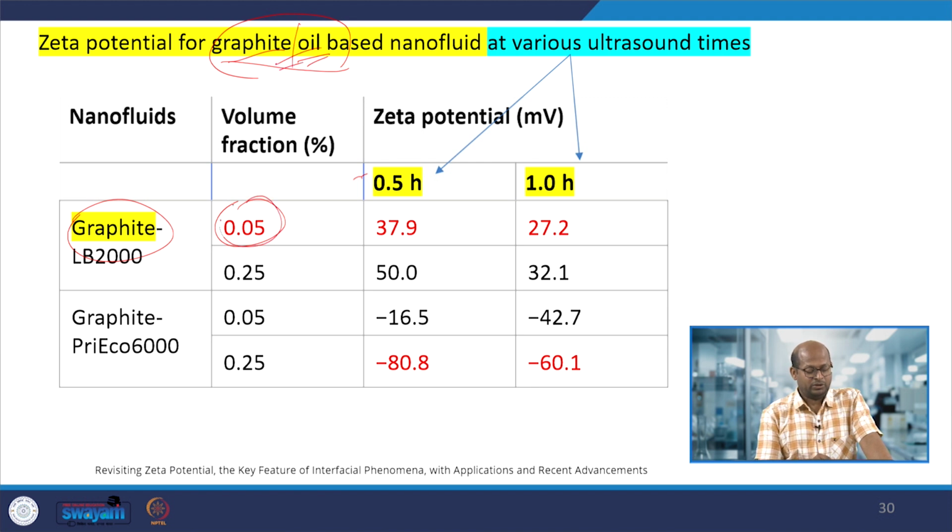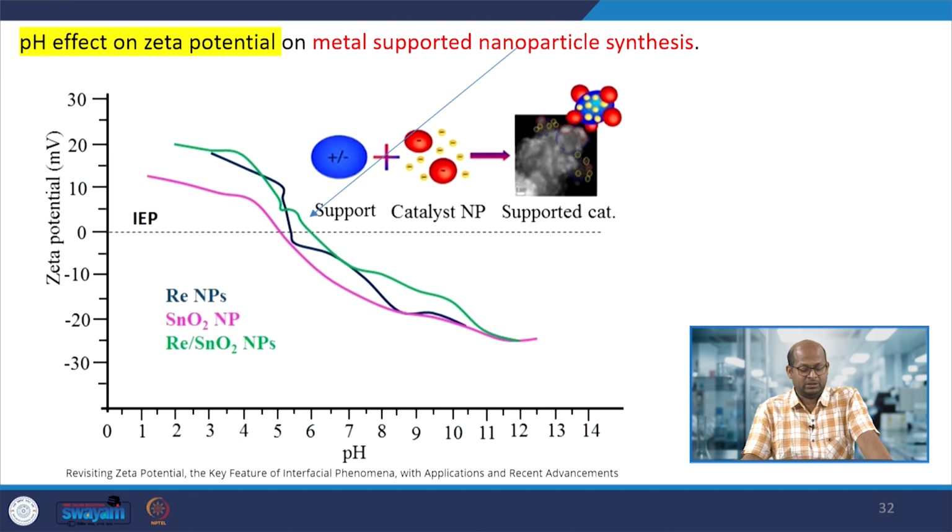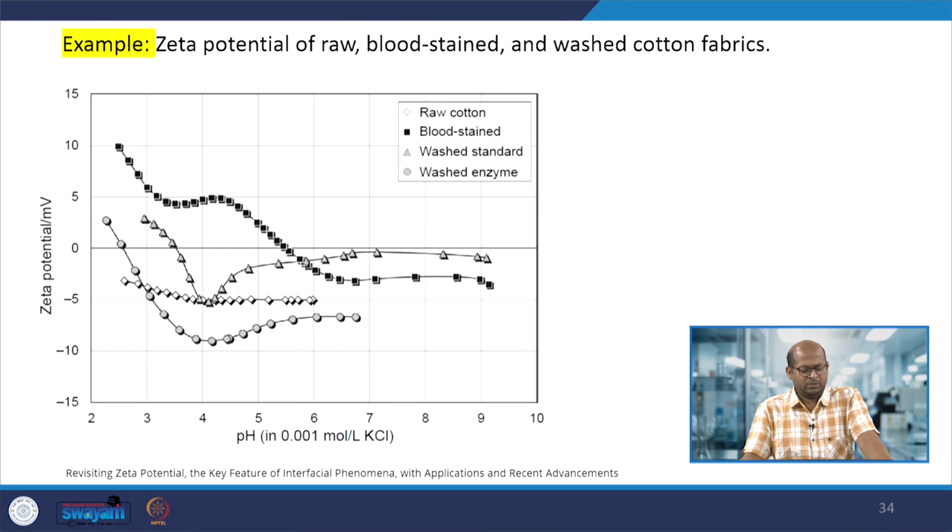The zeta potential was measured after 0.5 hours, and after 1 hour it decreased. That indicates the stability of the nanoparticles in that particular oil. So with increasing time the zeta potential decreases, which means the stability of the graphite particles in that oil changes. Okay, so different examples are here.